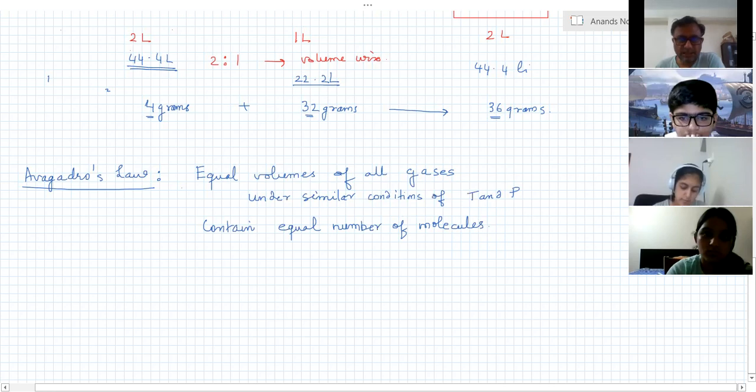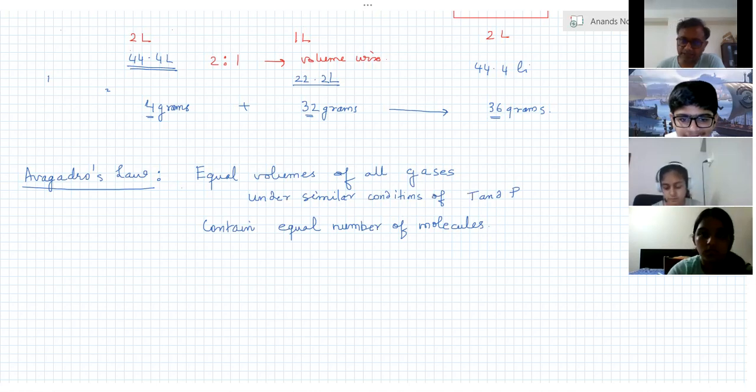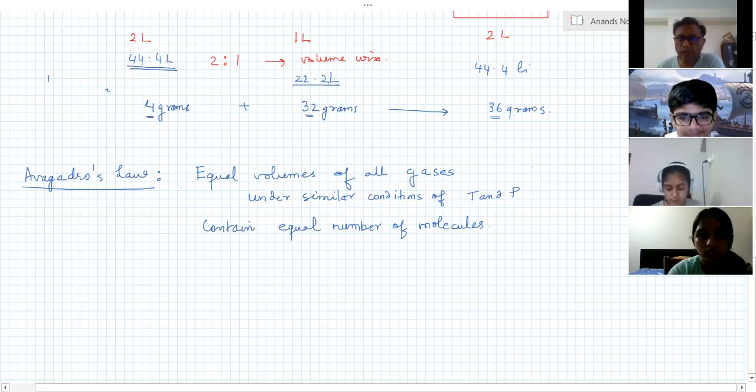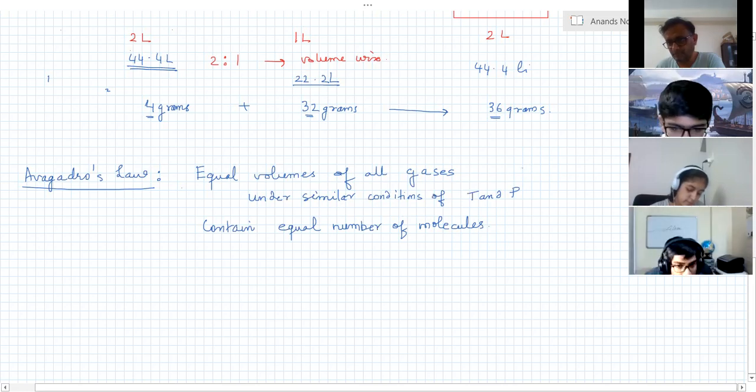I repeat, equal volumes of all gases under similar conditions of temperature and pressure contain equal number of molecules. Did you make a note of this, guys? Yes, sir. Done, sir.